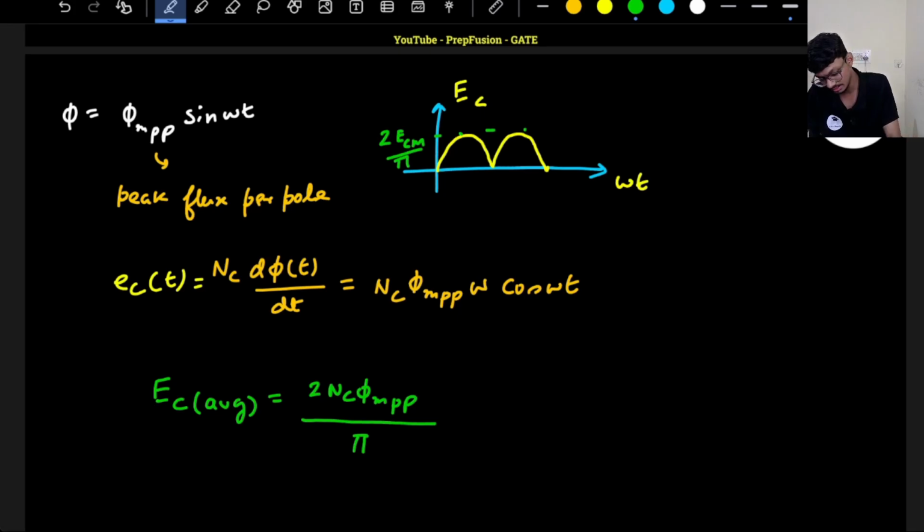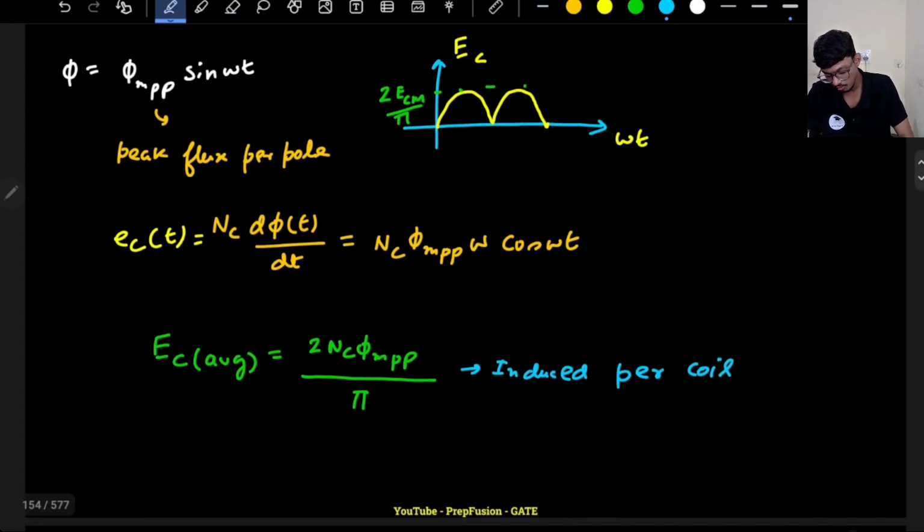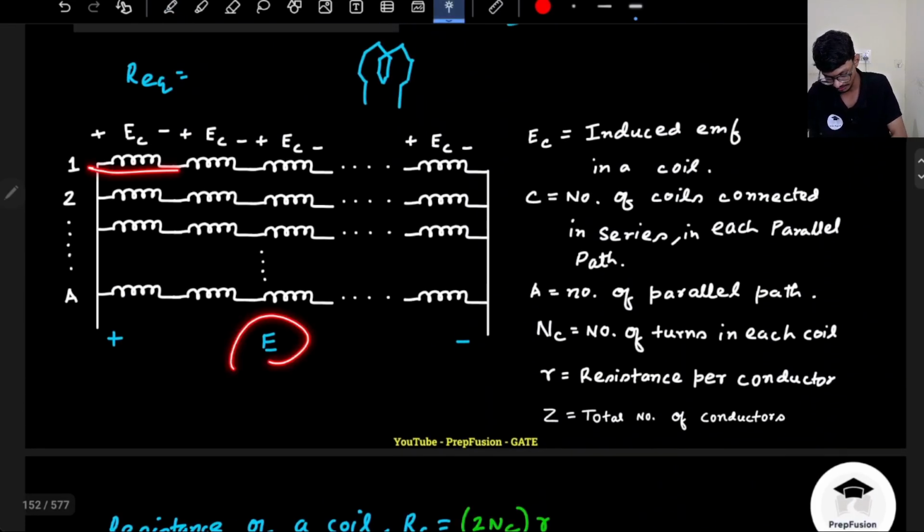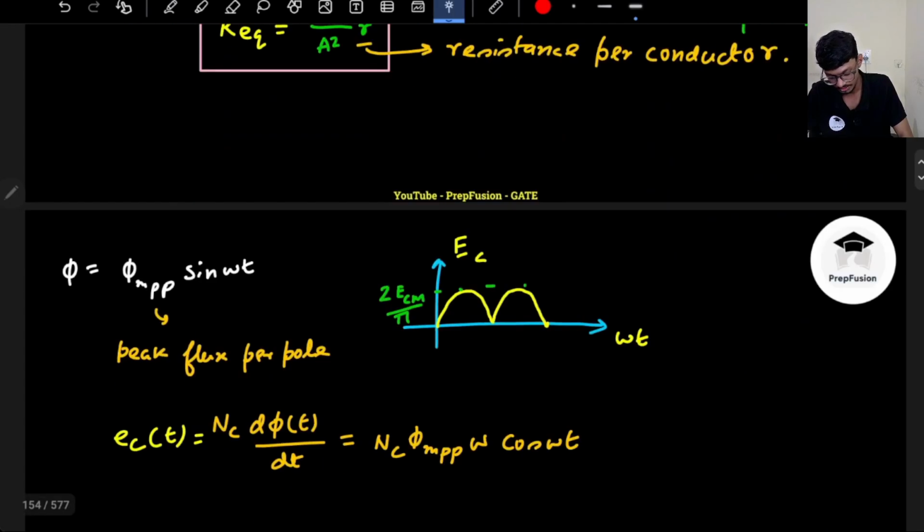So this is the induced EMF per coil. Now, what is the overall induced EMF E? It is just C into EC, because I have C coils connected in series with each other. So it will be C times EC.